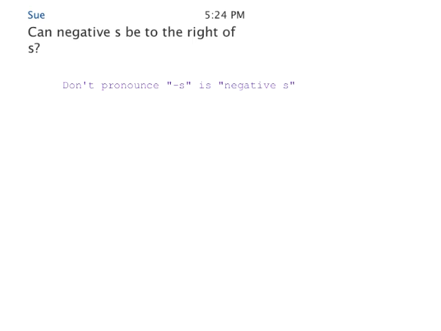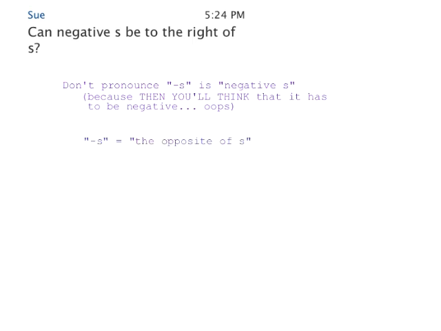because then you'll think that it has to be negative. This is pronounced the opposite of s. And it does not have to be negative any more than s does. I mean, for example, if s is negative 10, then what's the opposite of s?